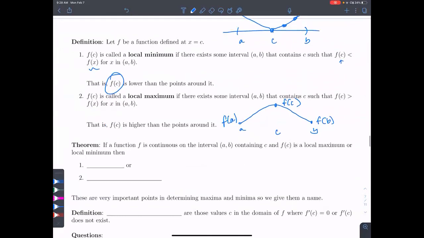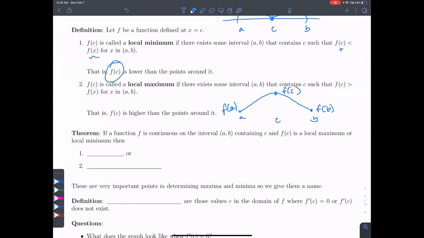Okay, if a function f is continuous on the interval (a, b) containing c, and f of c is a local max or min, then the derivative is 0: f prime of c equals 0, or the derivative does not exist: f prime of c does not exist.